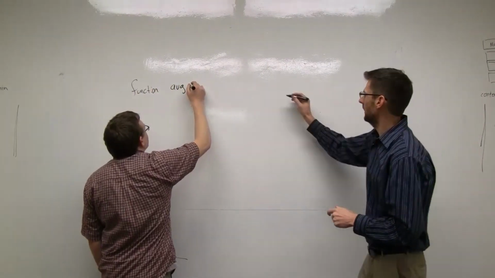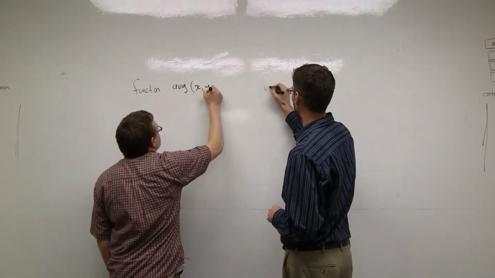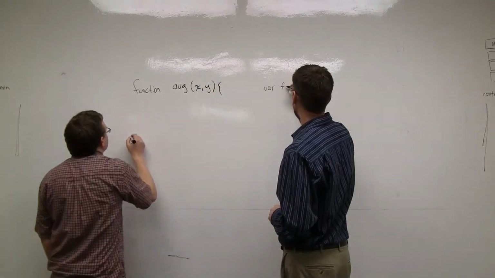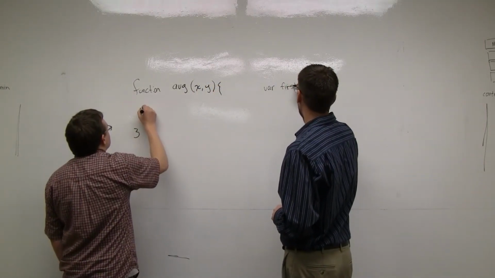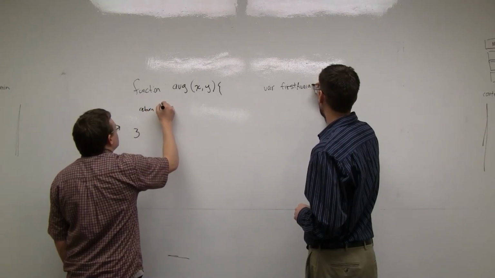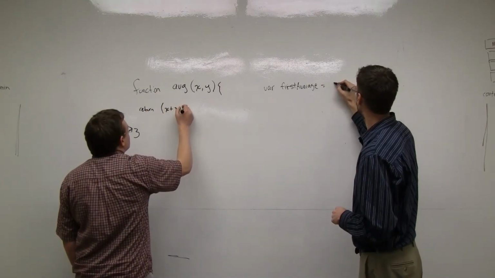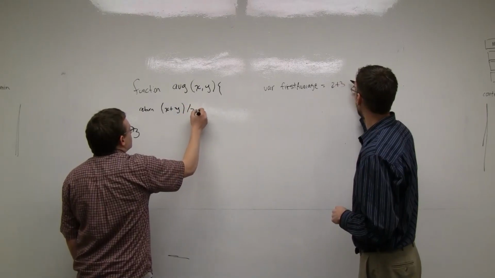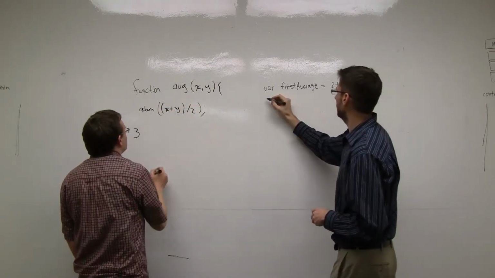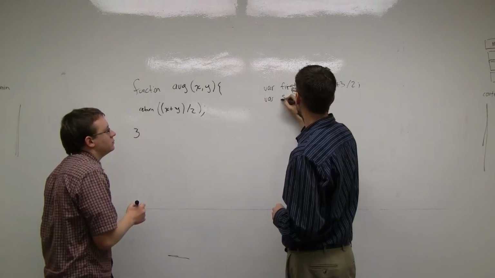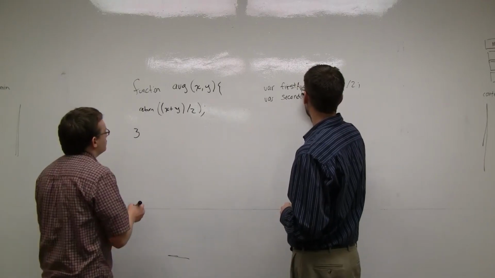Because I feel like if we had code that simply said, yeah, we want the first average, right? So we'll say the first average is equal to, let's just do 2 plus 3 divided by 2. You have all these dangling, let's say, second average.